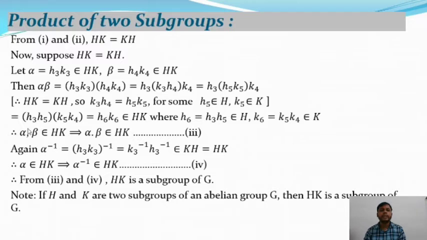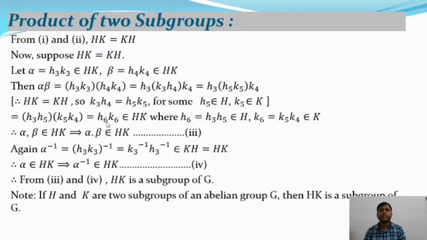So from this we get h3 h5, and again applying the associative property, we find h3 h5 and k5 k4. h3 h5 can be written as h6, and k5 k4 can be written as k6.